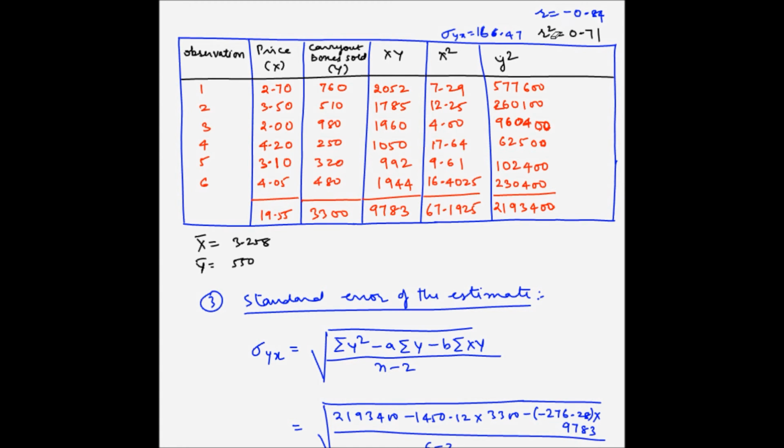The value of r square can range from 0 to 1. So this value of 0.71 indicates that there may be some other variables in addition to the price which may be impacting sales. And the value of the standard error of the estimate is pretty high if we compare with the average of the sales, which is 550.